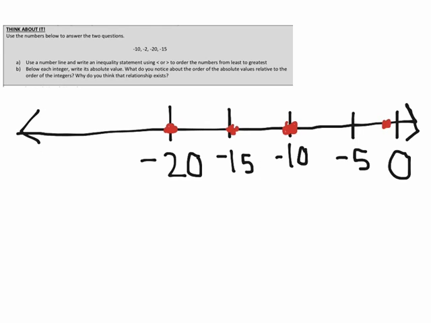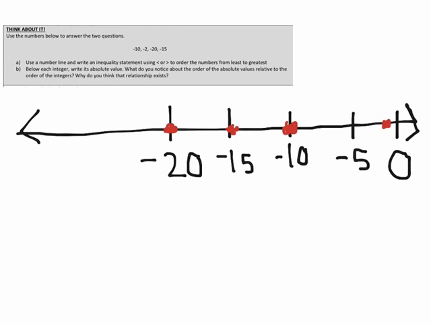So I know that the numbers that are furthest away from 0 are actually the smallest numbers. So even though with positive numbers, I always think that 20 is greater than 5, I know that with negative numbers, it's actually the opposite. So -20 is much further away from 0 than -5. So I know that -20 is a smaller number.